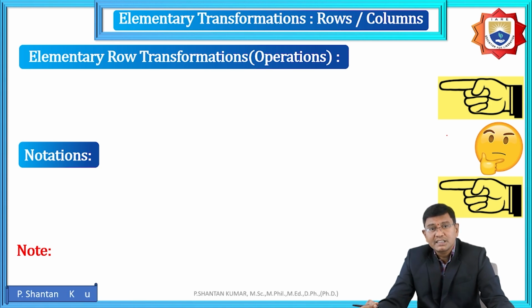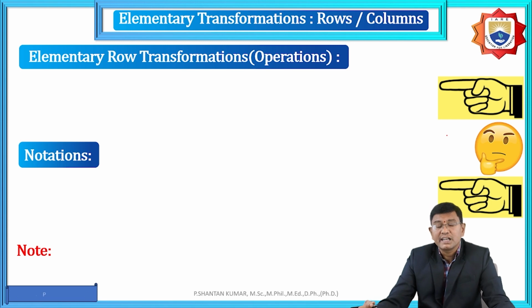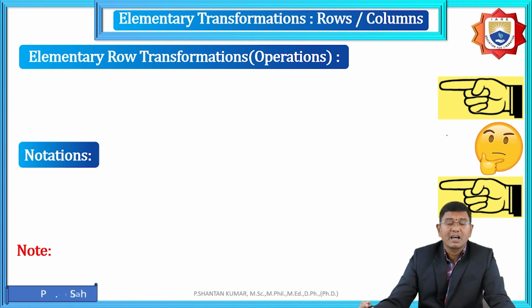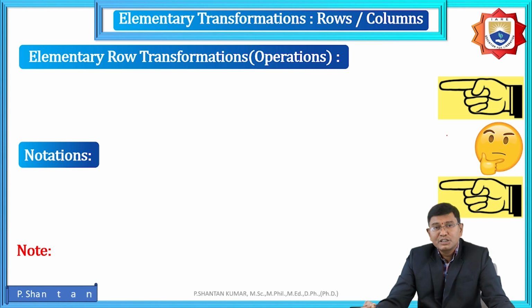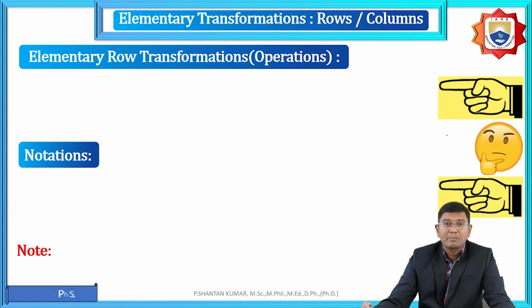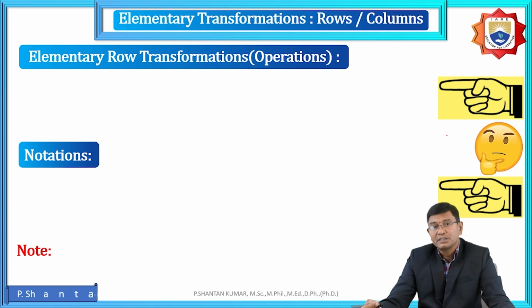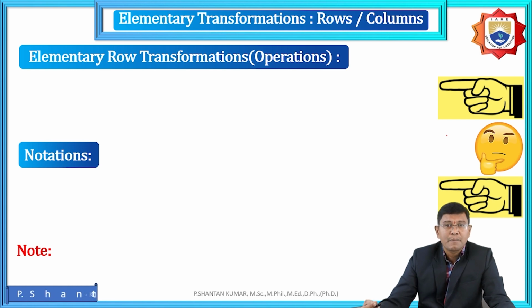We need to discuss what the elementary row operations are, what conditions they satisfy, and what the notation is.